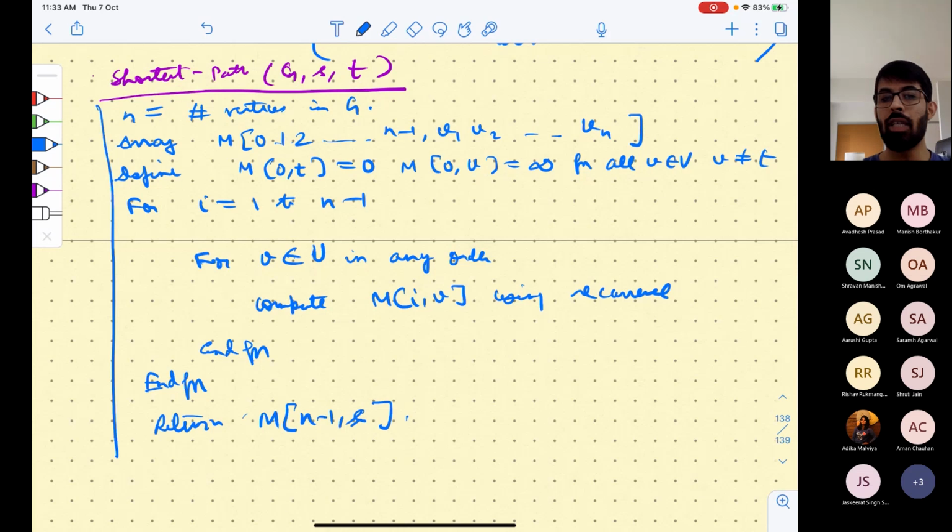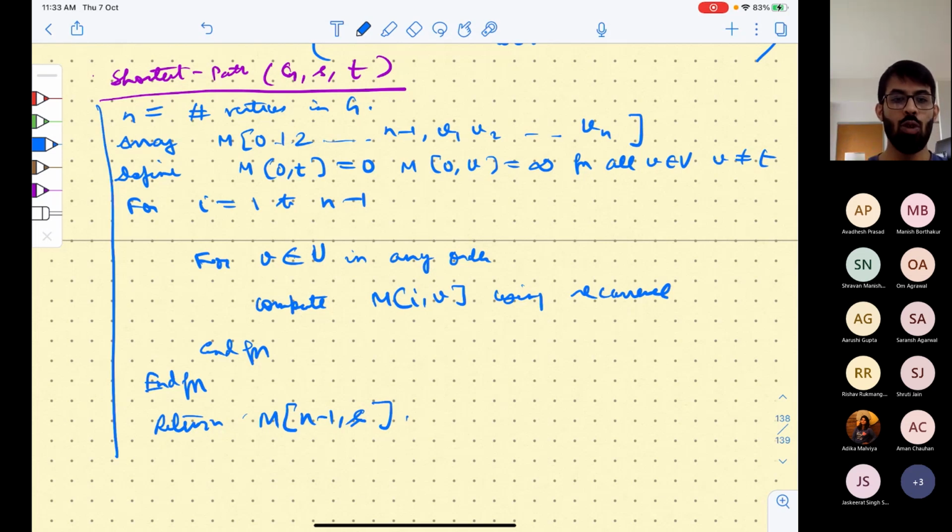So what does it say? The algorithm says, first pick the path length, and then update the values of the minimum cost path of length I, for I from 1 to n minus 1. So how can we get to t using at most I edges?